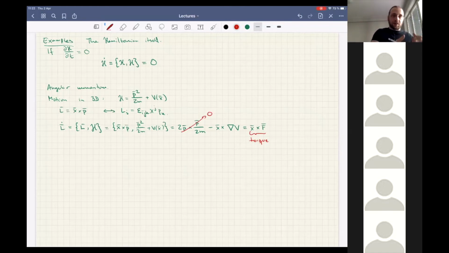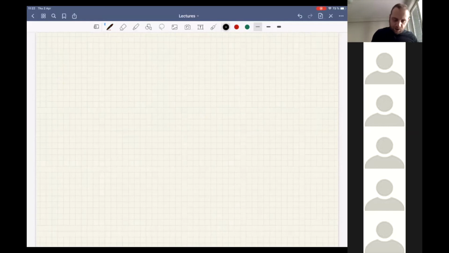That is, it's going to be in the same direction as x, and the torque is going to be 0, which means that angular momentum is going to be conserved. So that's two examples of how you can use this. Any questions on that?